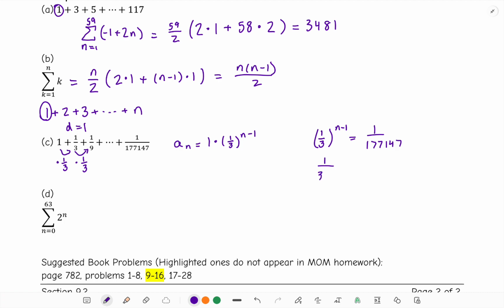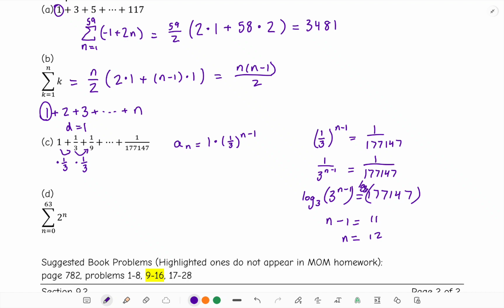Well, this is 1 over 3 to the n minus 1 equals 1 over 177,147, which is 3 to the n minus 1 equals 177,147. And this is why it's good to know about logs. We can take the log base 3 of both sides to solve this. So n minus 1 equals 11, so n will equal 12.